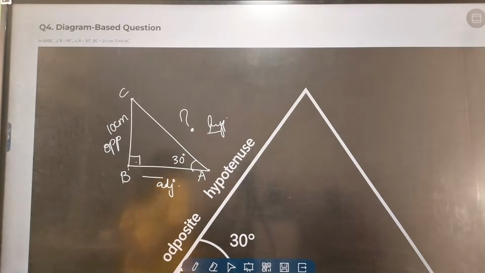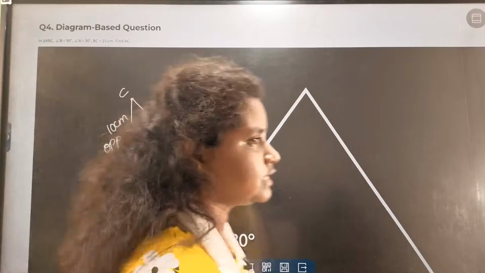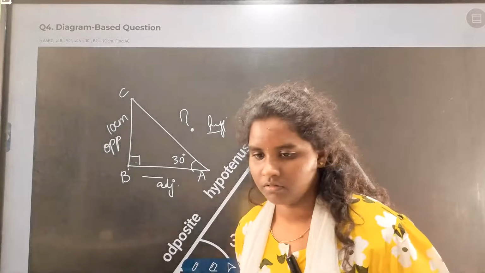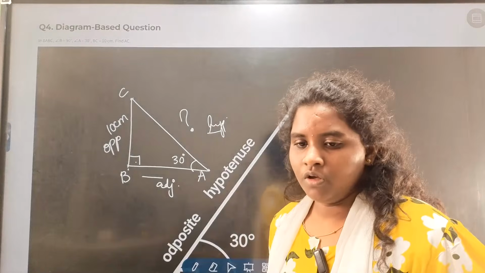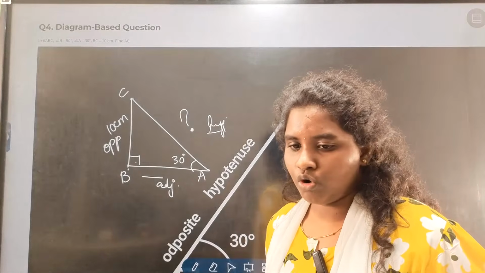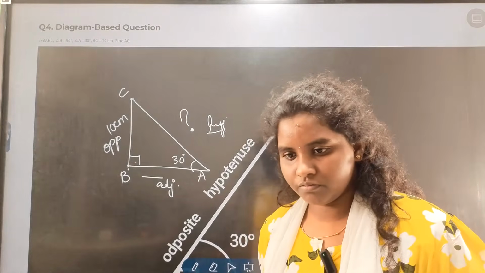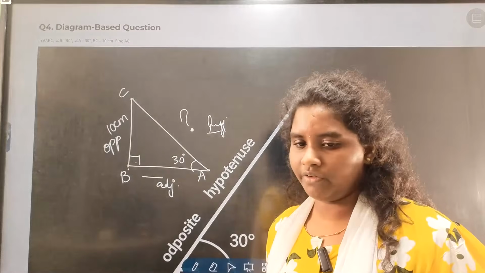Okay, Rahul, hypotenuse is 20. Yes, we will check. See, why are we using sine? In trigonometric ratios, we have 6 trigonometric functions, right?